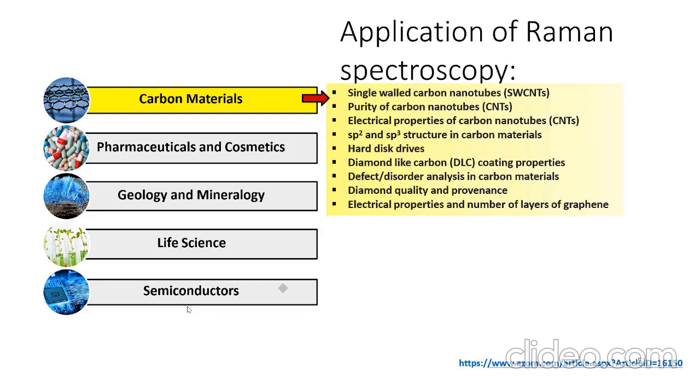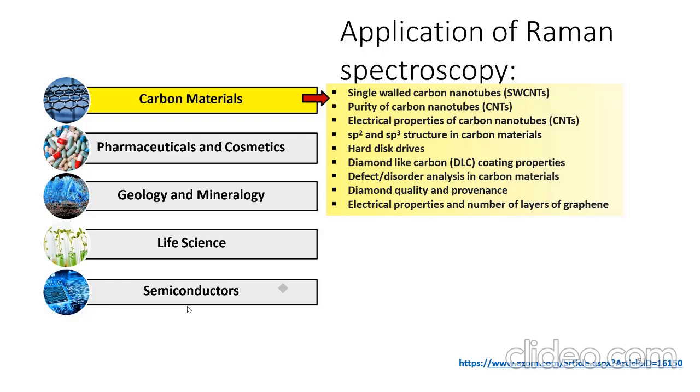So some of the applications of Raman spectroscopy. It is very good for detection of carbon material. The peaks of carbon are very well specified, very specific in Raman spectroscopy. So those can be used to detect signals for single walled carbon nanotubes, and the purity of carbon nanotubes.